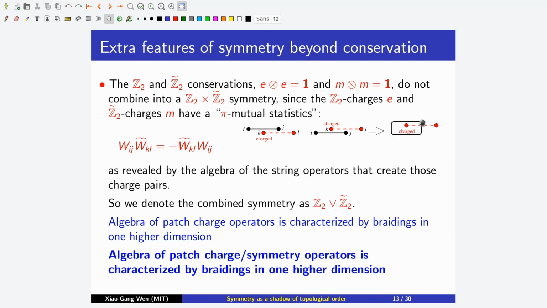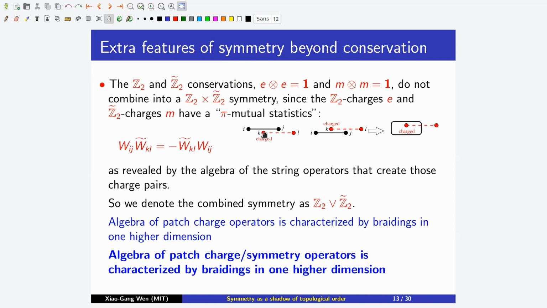So in some sense, we try to say that this feature is a mutual statistics for the ends of strings. Something mentioned before. And here I also want to emphasize one thing: you can see the patch charge operators for symmetry and dual symmetry are neutral by definition.